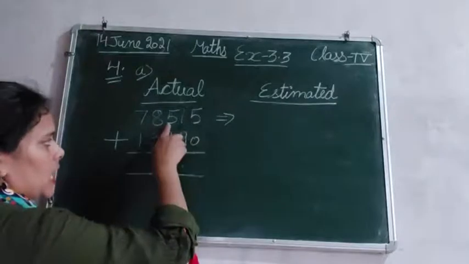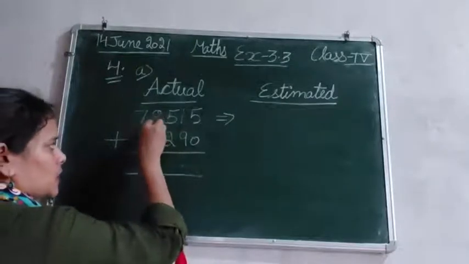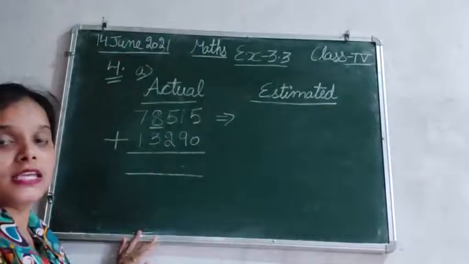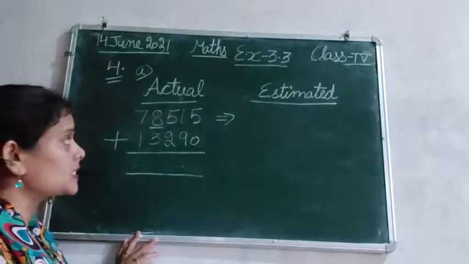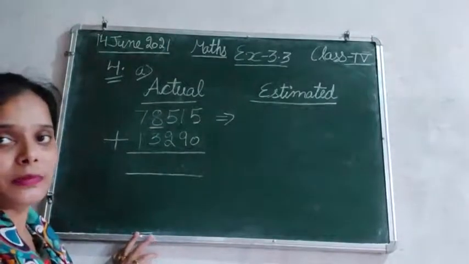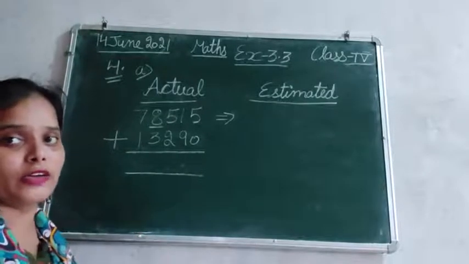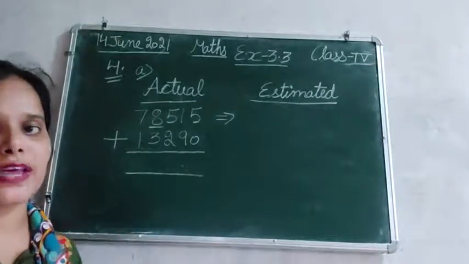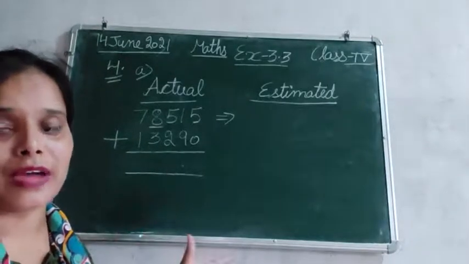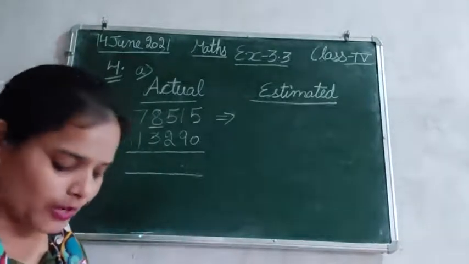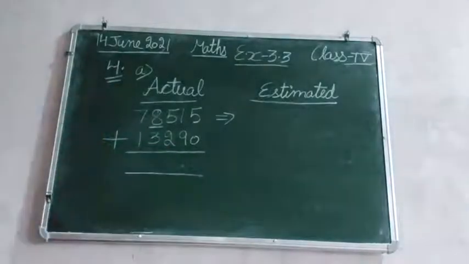Ones, tens, 100, 1000. So the digit at 1000 place is 8. और जब भी हम राउंड ऑफ करते हैं तो हमें बेसिकली क्या देखना होता है कि whether it is greater than 5 or less than 5. So 8 is definitely greater than 5.